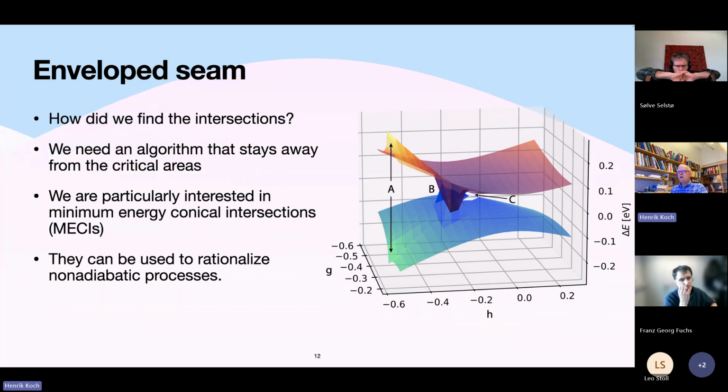And if there was some way that we could actually stay away from the conical intersection and then optimize the structure, that would be very interesting. And particularly, we are interested in minimal energy conical intersections. This means the minimum energy you have in this space of degeneracies. In some cases, these points can actually be related to the dynamics of the systems, and it is therefore of interest.